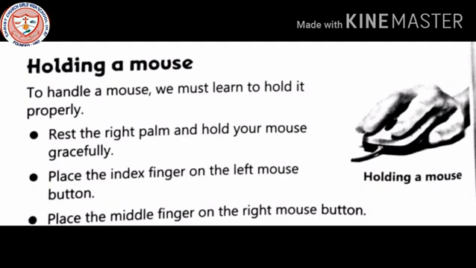Holding a mouse. There are different ways to hold different things. While we are holding a pencil, we hold it with the index, middle and thumb fingers. And while we are holding a water bottle, we use all 5 fingers to have a good grip on it.